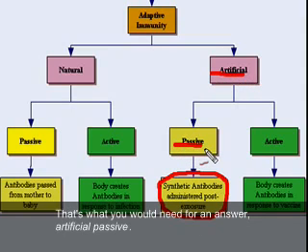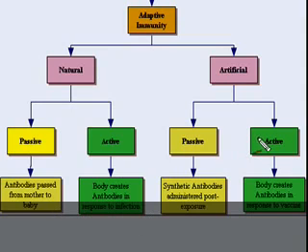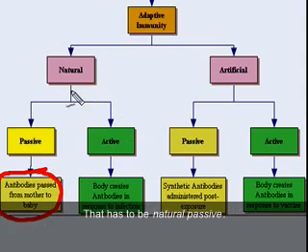That's what you'd need for an answer, artificial passive. Okay, next one, immunity an infant receives from breastfeeding. Well, that's right here, antibodies passed from the mother to the baby. That has to be natural passive.